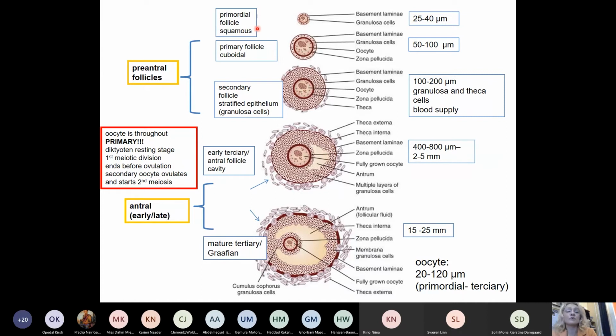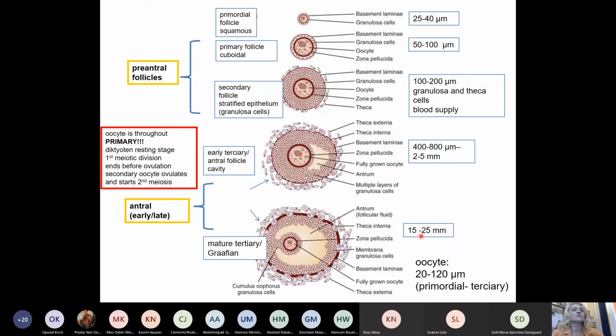We have, of course, most follicles in this stage. And as you see, during the follicular development, the size really grows of the whole follicle. Actually, this is so big that if we wanted to do it in proportion, this wouldn't fit in the picture, because as you see, from 20 to 40 micrometers, the Graafian follicle reaches 15 to 20 millimeters.